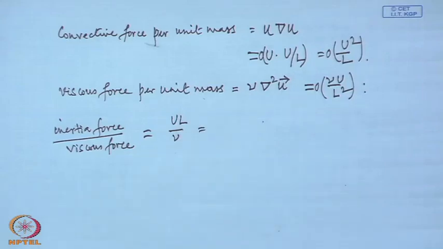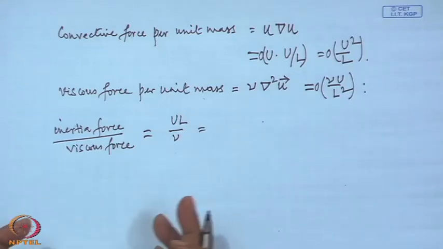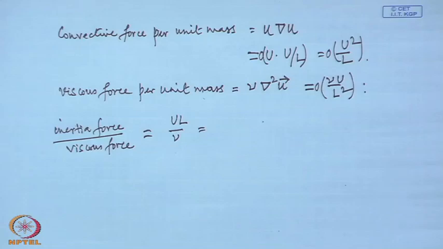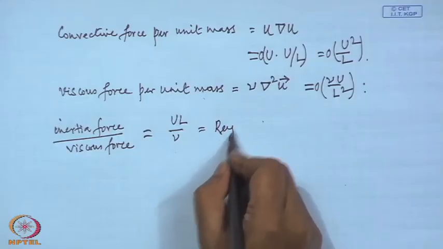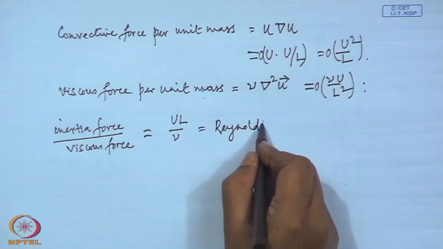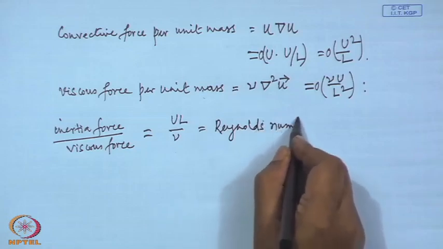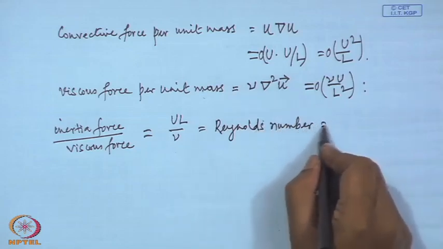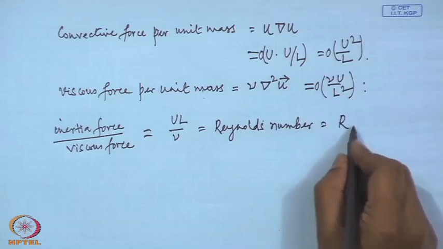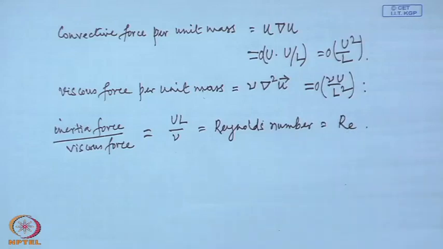This U L by nu, or rho U L by mu, since nu can be replaced by mu by rho, is what is called the Reynolds number. We have come across this earlier also, and we will usually denote it by Re.